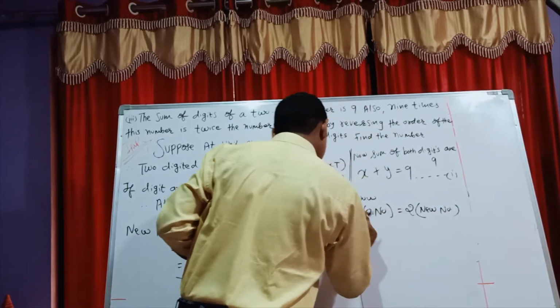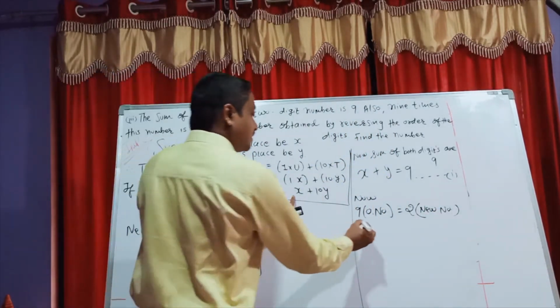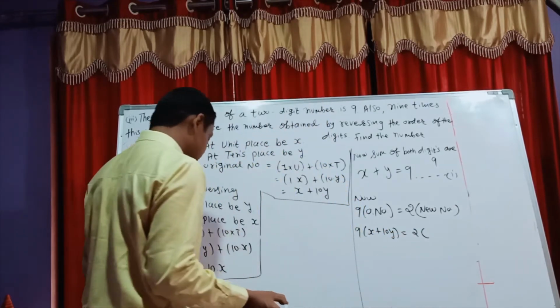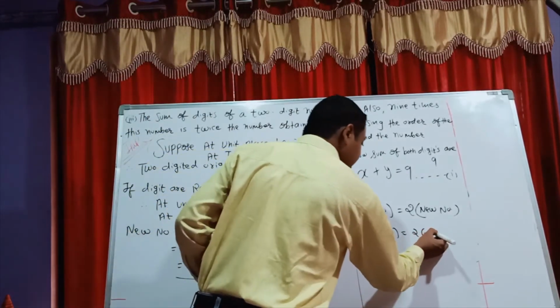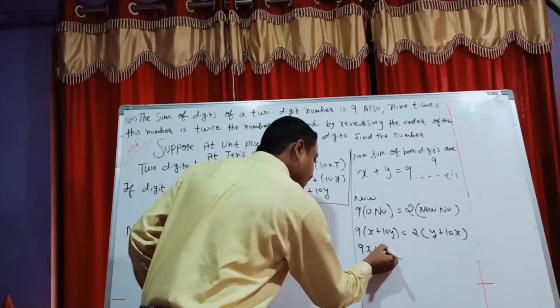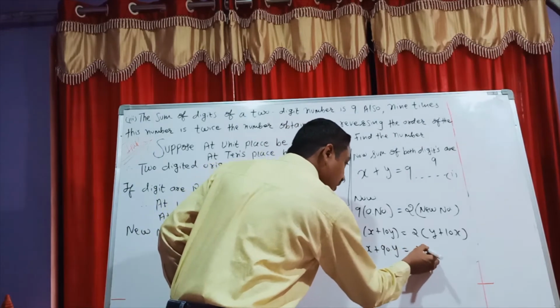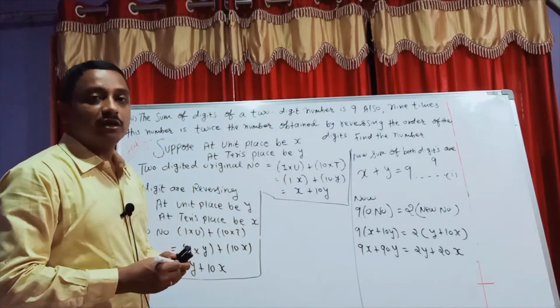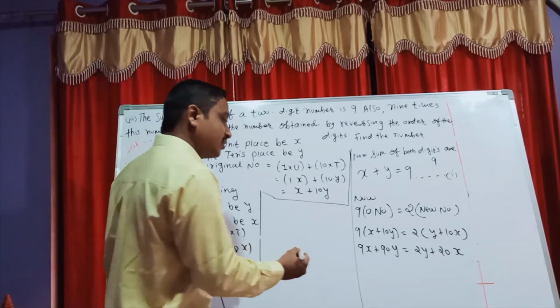The original number is x plus 10y, and the new number is y plus 10x. Now calculate: 9x plus 90y equals 2y plus 20x. Now take the like terms to one side.